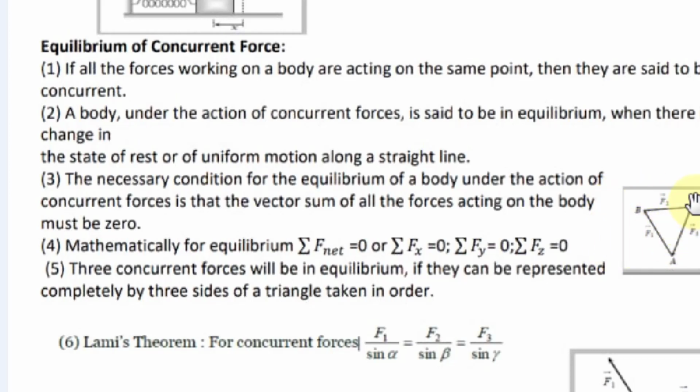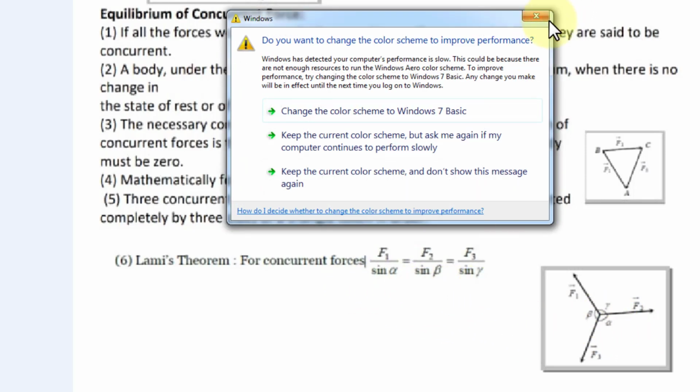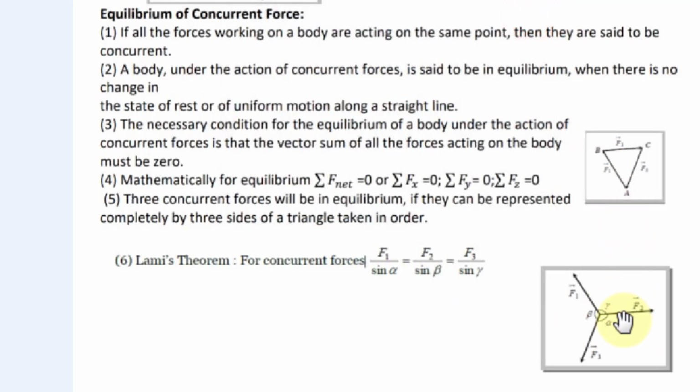Lami's theorem for concurrent forces, very important: F1 by sine alpha equals F2 by sine beta equals F3 by sine gamma. These are the angles alpha, beta and gamma between the three forces.